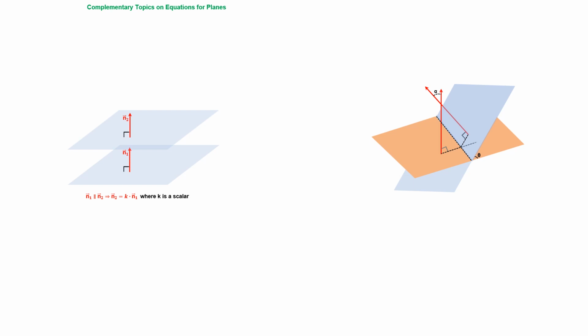In the figure, there's a quadrilateral, and we know that the sum of the interior angles of any quadrilateral is 360 degrees. We add all known interior angles and subtract the angle sum from 360 degrees. We can see that the alpha angle is equal to the theta angle, and therefore the angle between the planes is equal to the angle between their normal vectors.